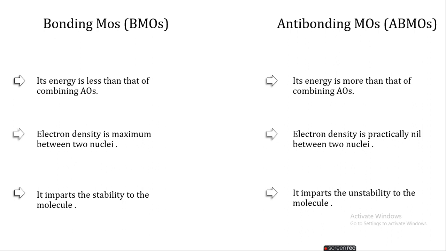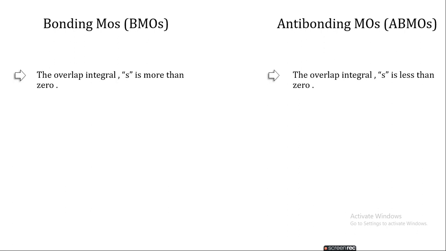Next point is for bonding molecular orbital the overlap integral S is more than 0, and in antibonding molecular orbital the overlap integral S is less than 0.